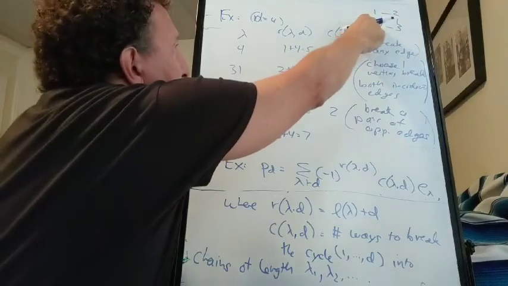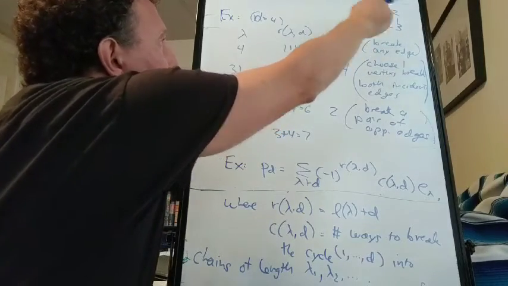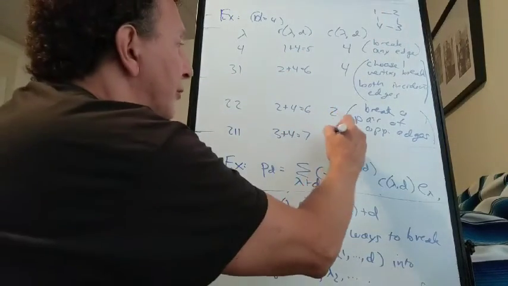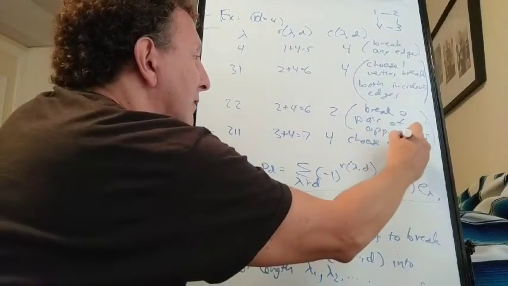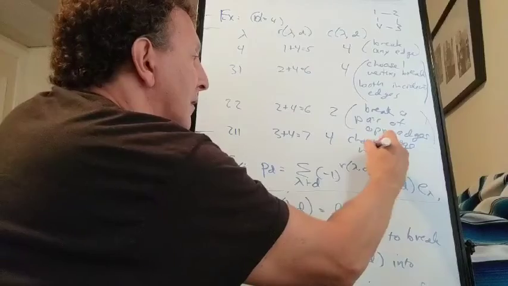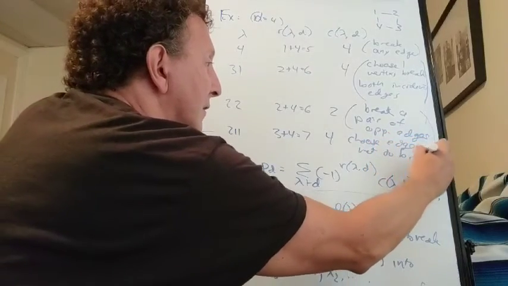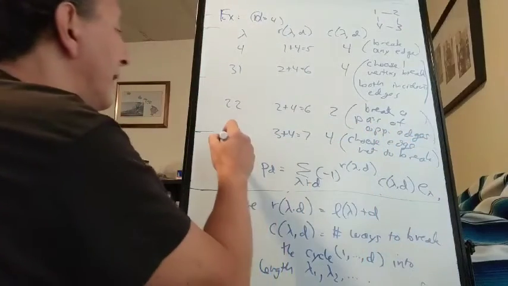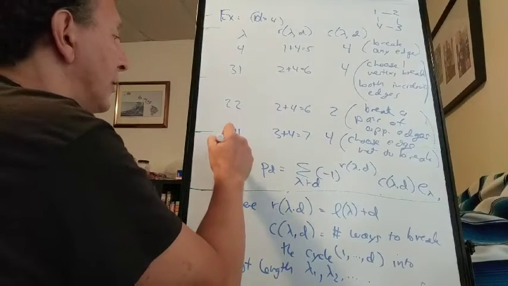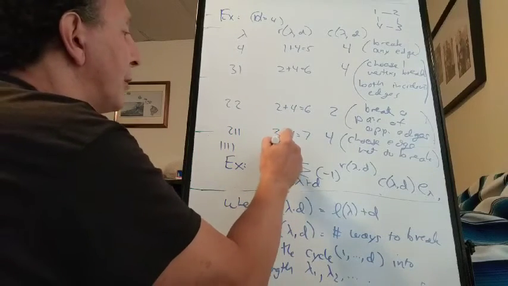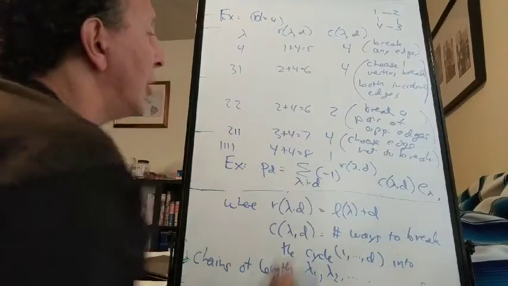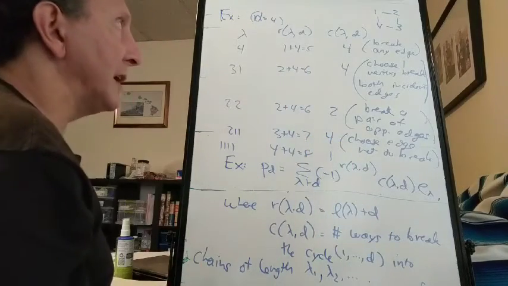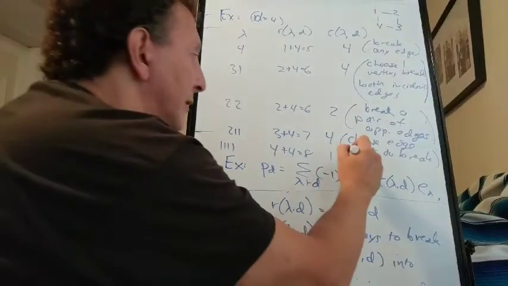If we pick one edge not to break, that'll give us a chain of length 2 and 2 singletons. So there's 4 ways to do that. And then if we look at the partition 1, 1, 1, 1, that has 4 parts. 4 plus 4 equals 8. And then obviously there's one way to break that into 4 chains of length 1. We just break all edges.